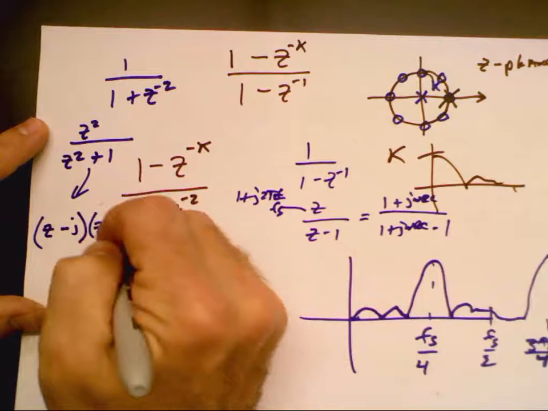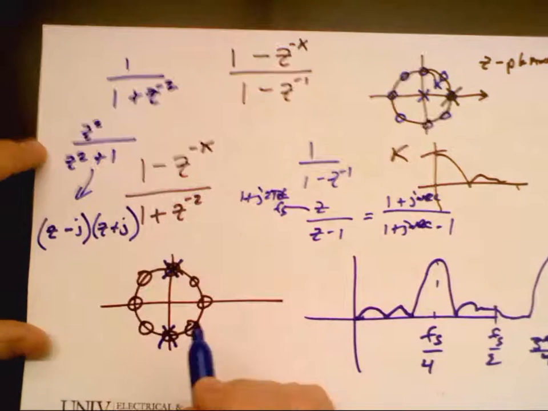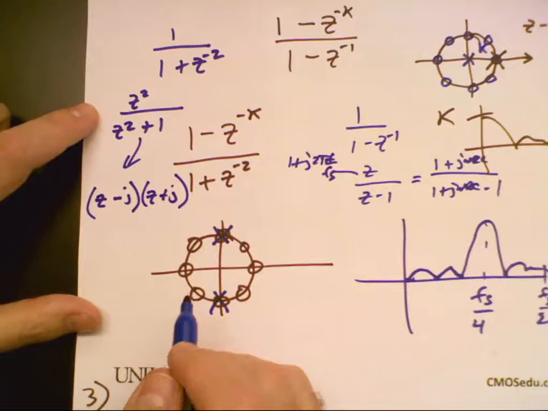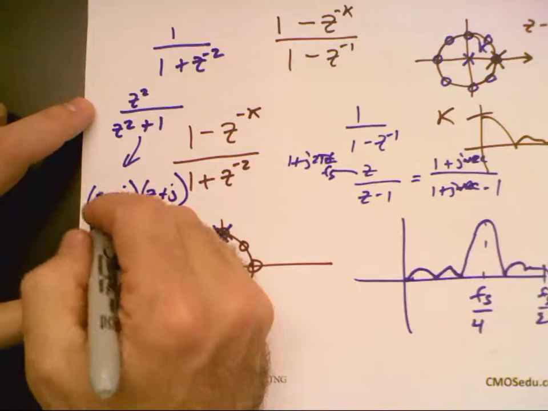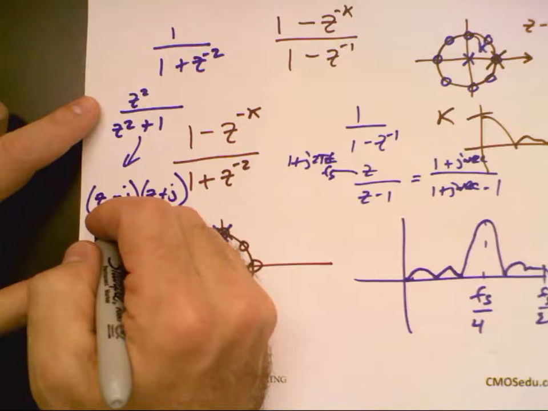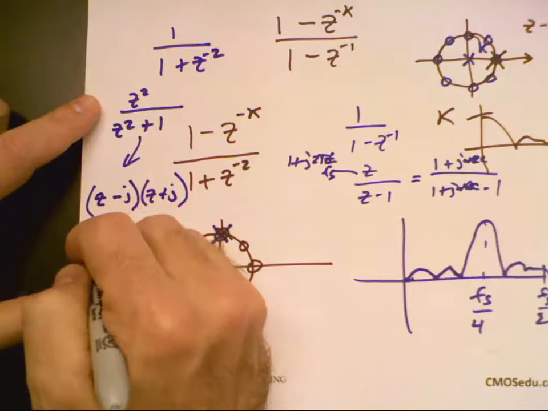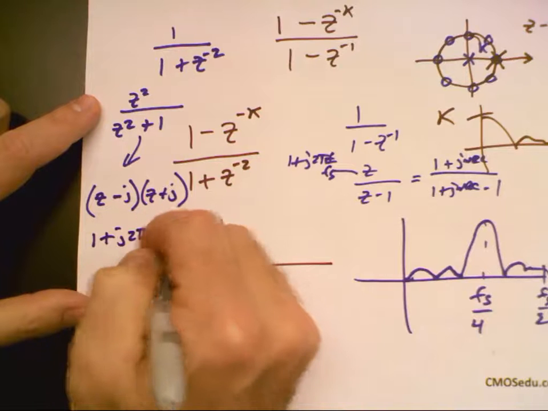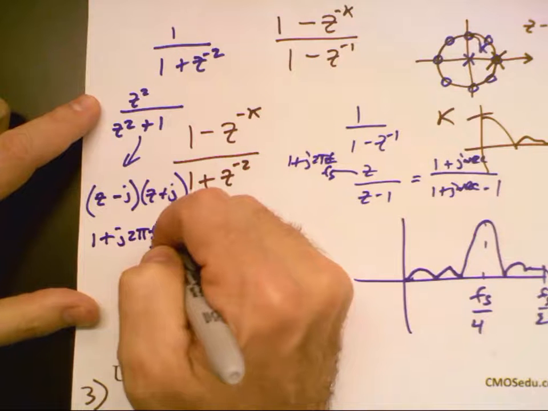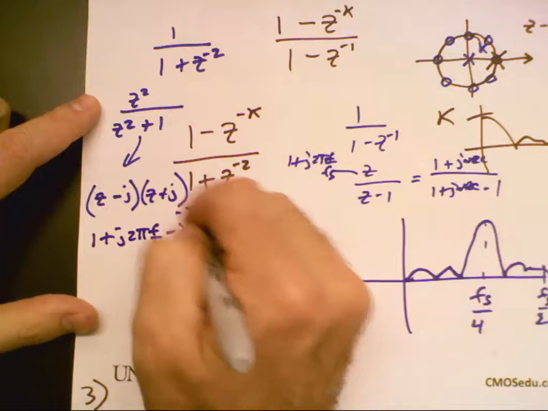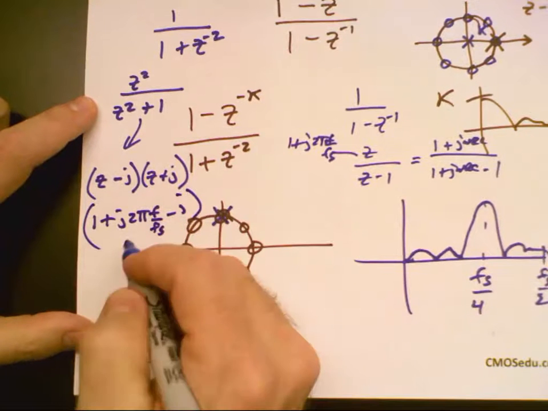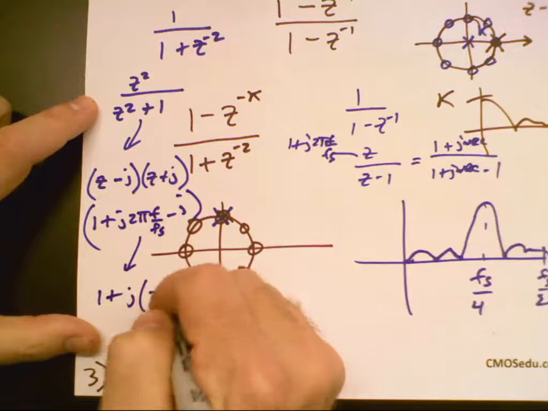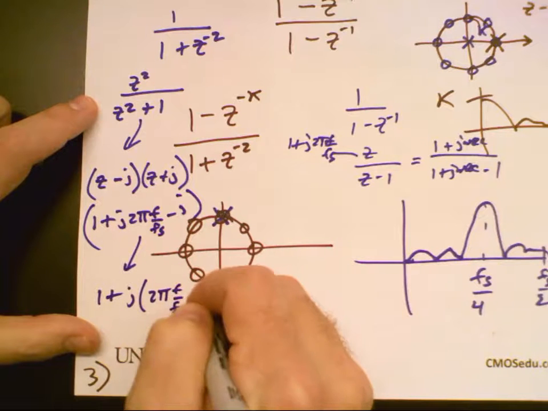Well, first let's do it like this. And then I say, okay, I'm going to write the first few terms. If I write that, I get 1 plus j times 2 pi f over fs, minus j. We'll just look at that term alone. That's equal to 1 plus j times 2 pi f over fs, minus 1.